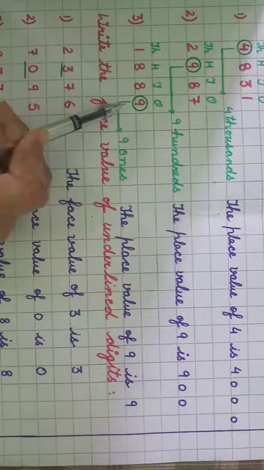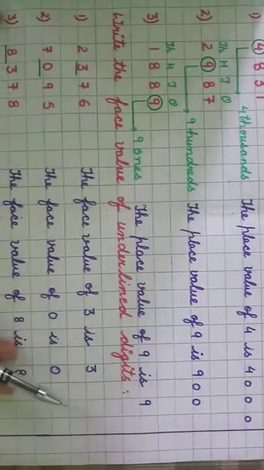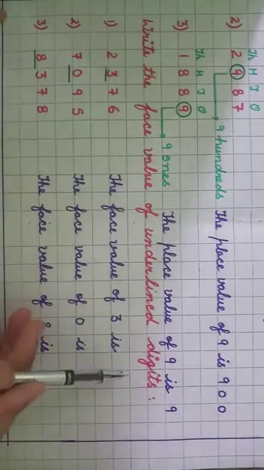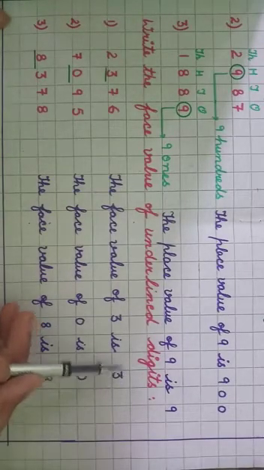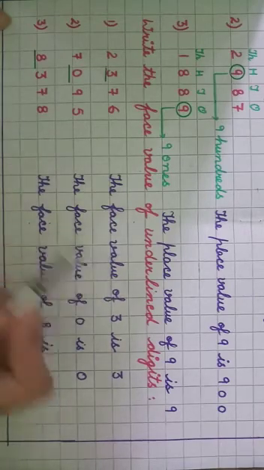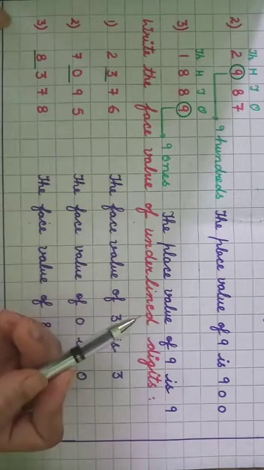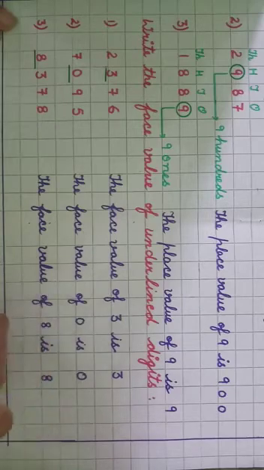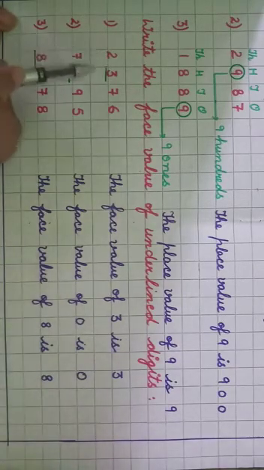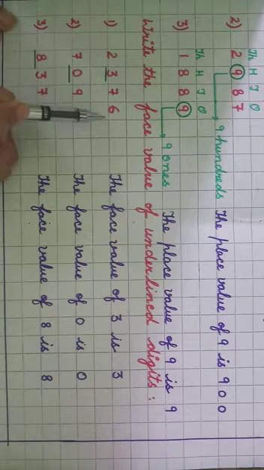Is it clear, beta? Now next is, write the face value of underlined digits. Now what is a face value? Face value is the value of the digit itself, as we call or read a digit. The first number is 2376.